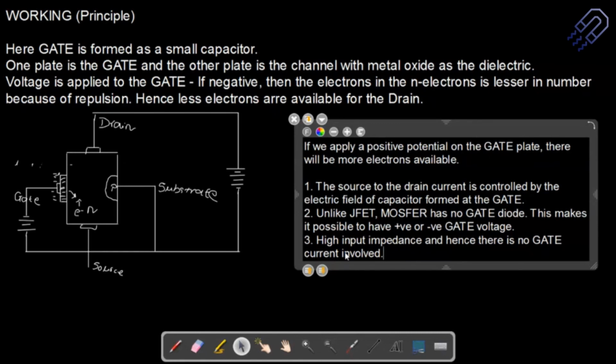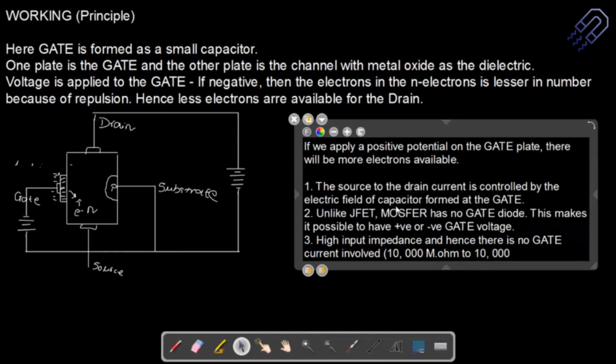So that is why it is a high input impedance device. The input impedance it will have is 10,000 mega ohm to around 10 lakh mega ohm.